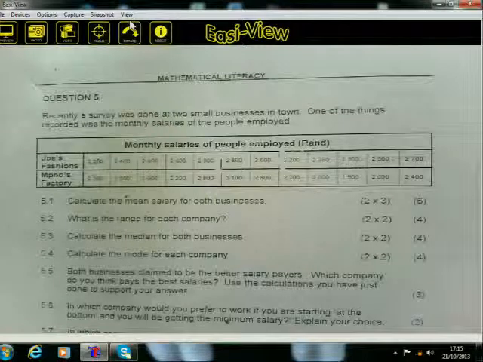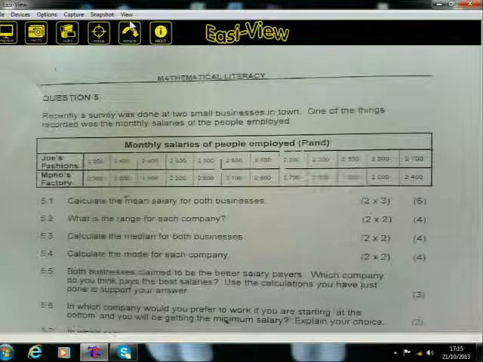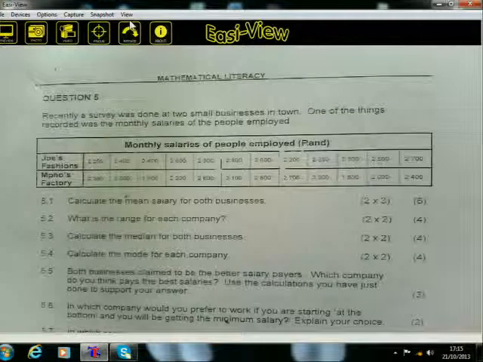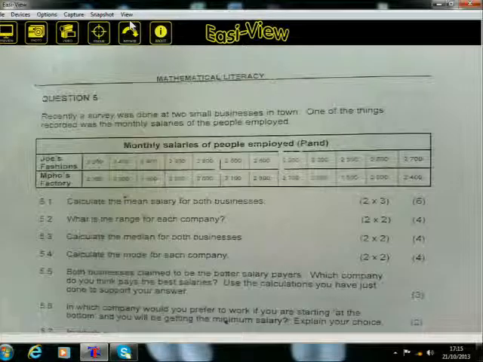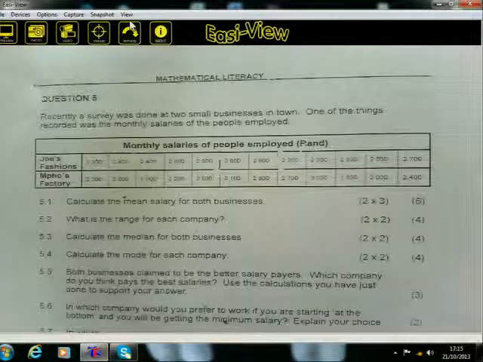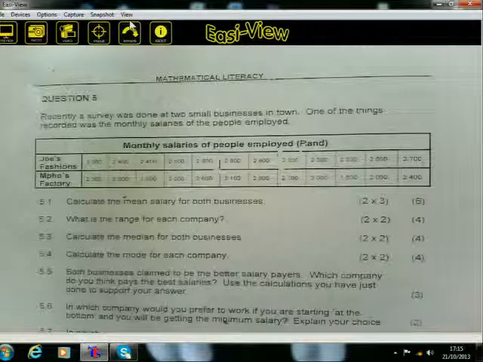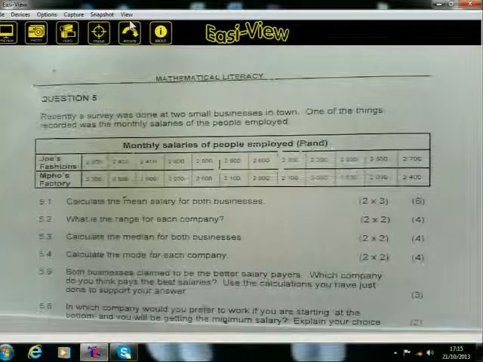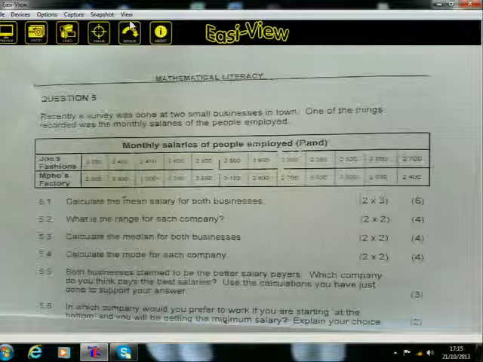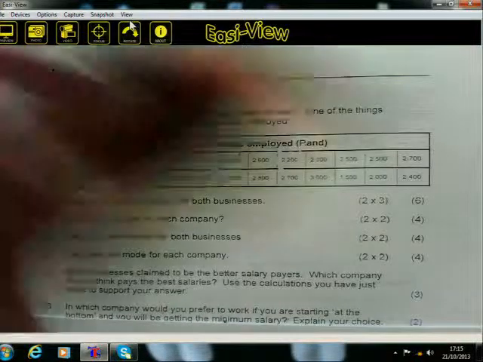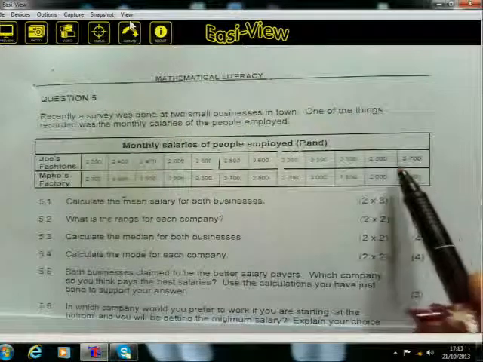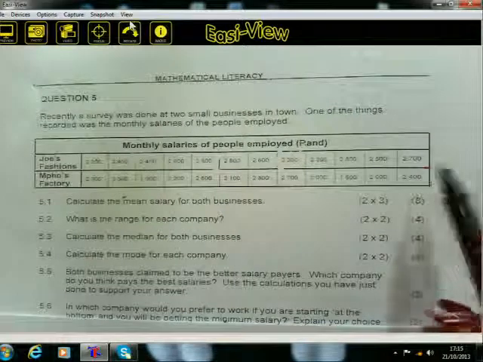So now you have the salary for the people employed, in rands. I'm not going to read Joe's monthly salary for the sake of time. You will just look at that table. For Mpo's, it will start from 2,200 and it ends at 2,700.